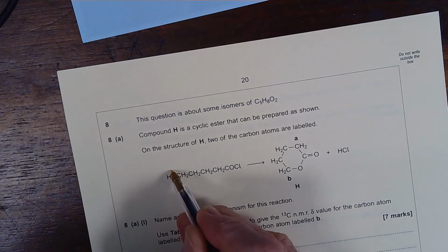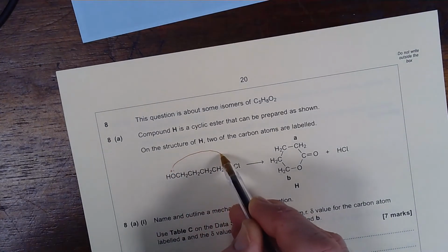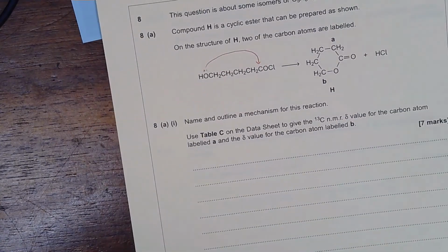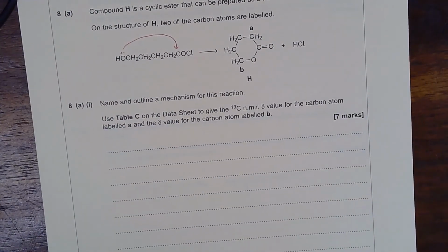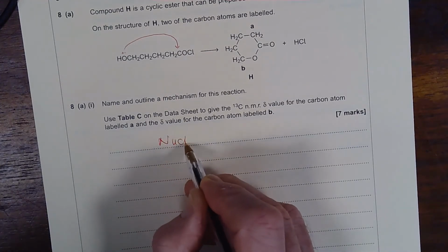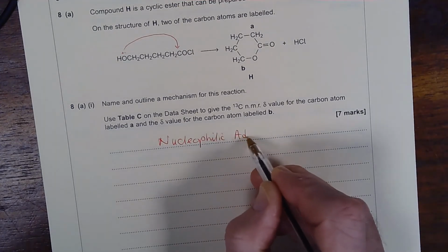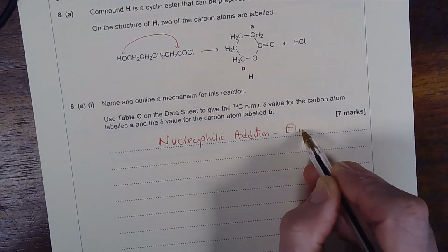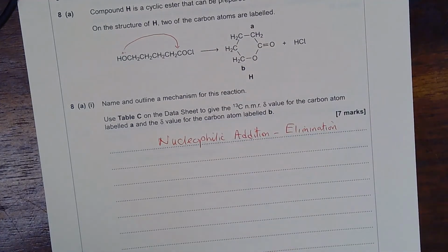So what would be happening here is that the lone pair on the oxygen will be attacking into the C delta plus on the acyl chloride. So when it comes to naming the mechanism, it will be nucleophilic addition elimination, which is always the mechanism for reactions on the AQA board for acid chlorides.